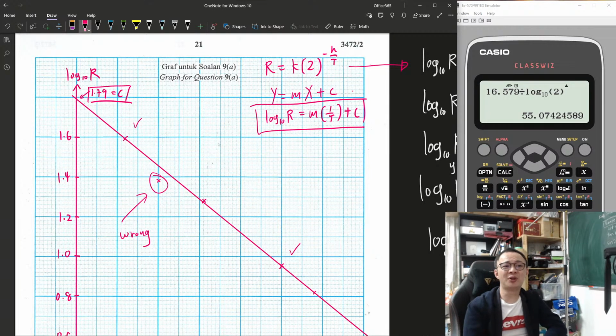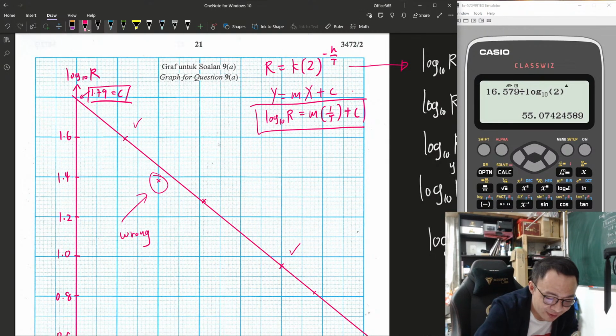So if this one is the wrong one, where is it supposed to be? I will just assume it's supposed to be somewhere here. And what is this value here? It should be log 10 R, this is what? 1.46.